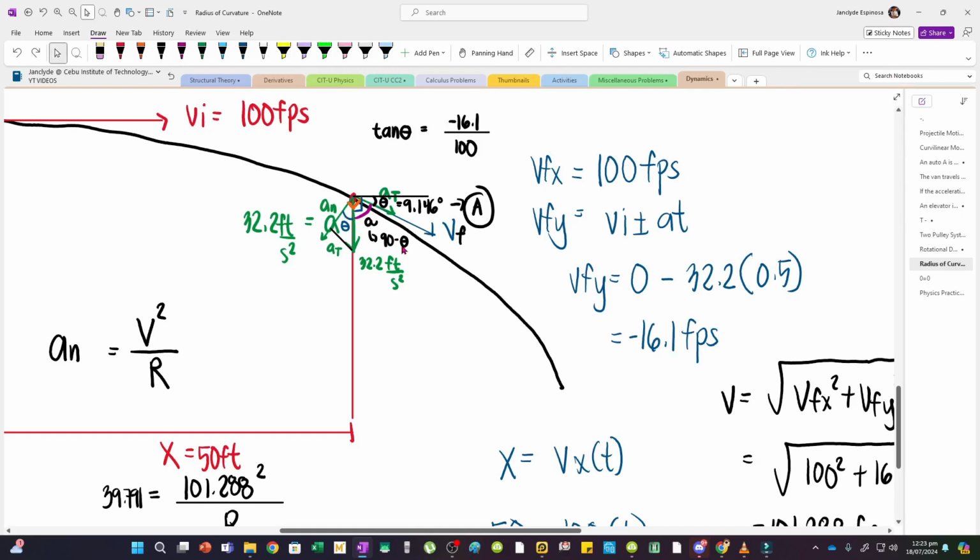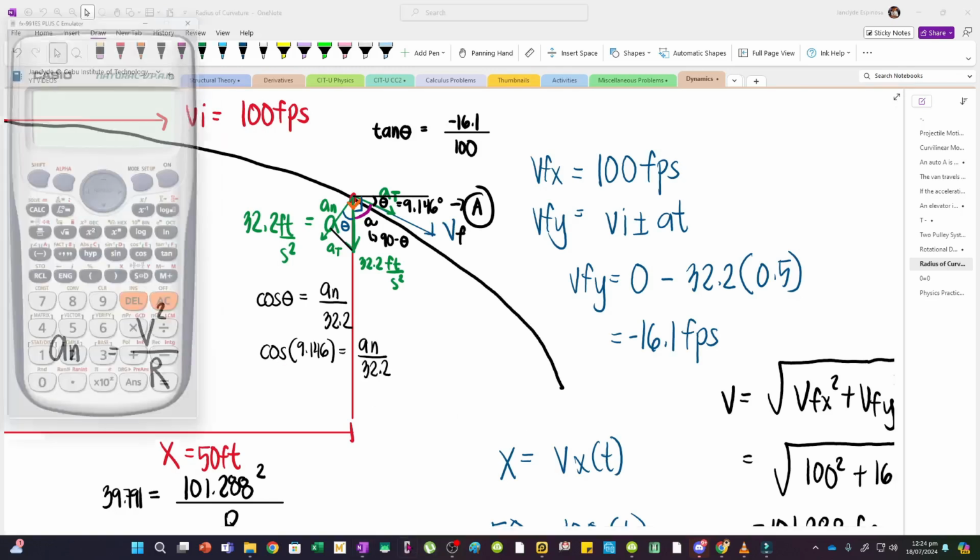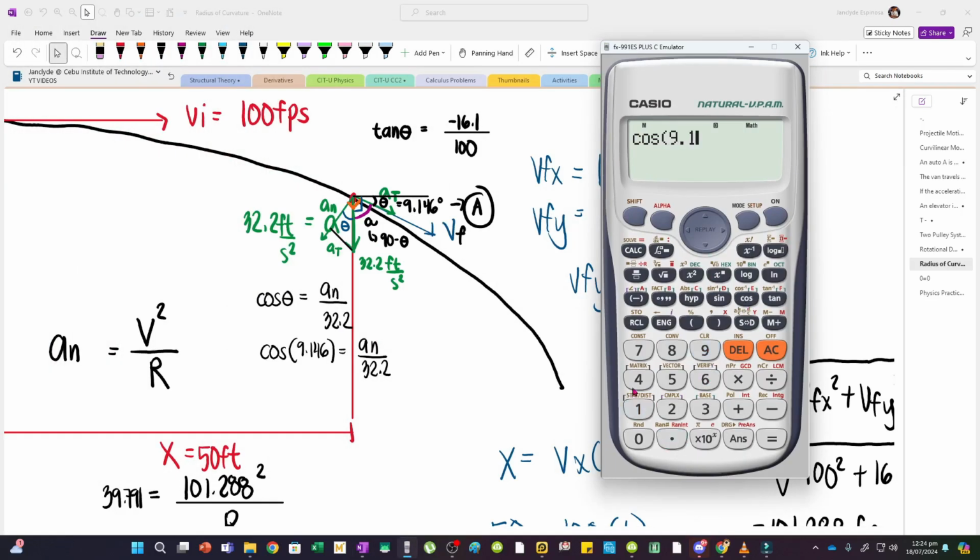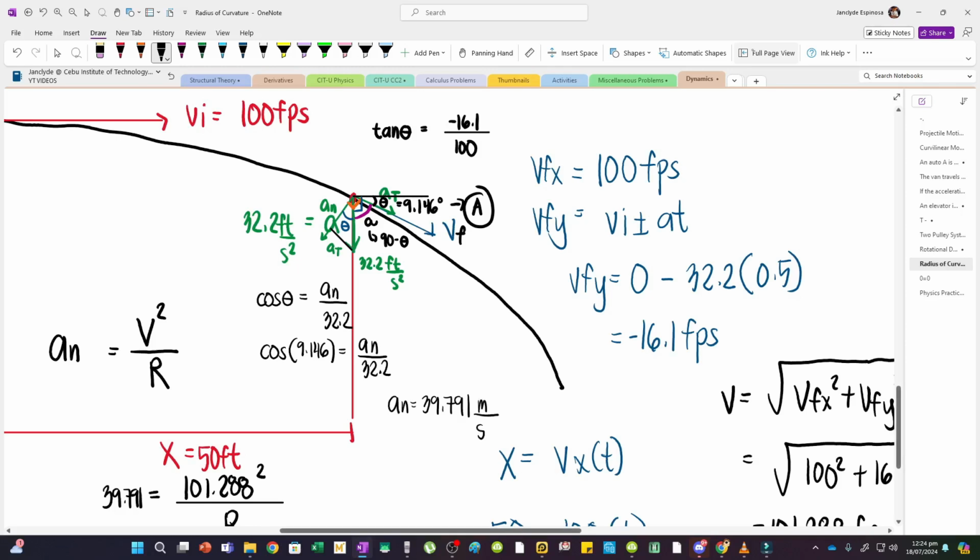Now using the cosine relationship, I can get AN. So cosine theta is equal to the adjacent side, which is AN, divided by the hypotenuse, which is 32.2. So cos theta, 9.146, equals AN divided by 32.2. Solving AN, we have 31.791 feet per second squared.